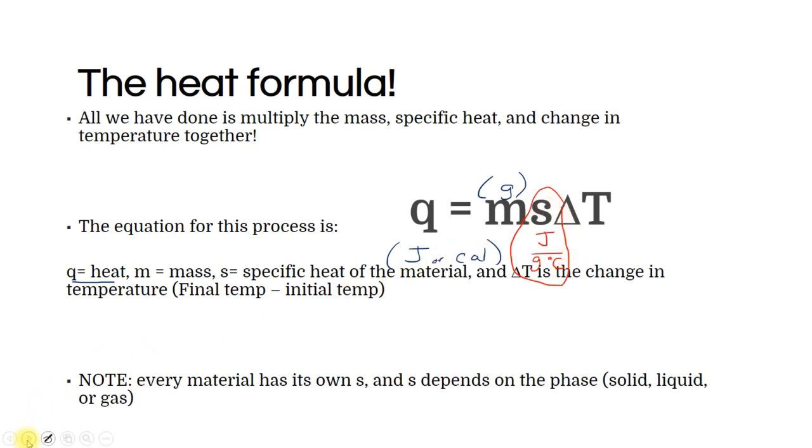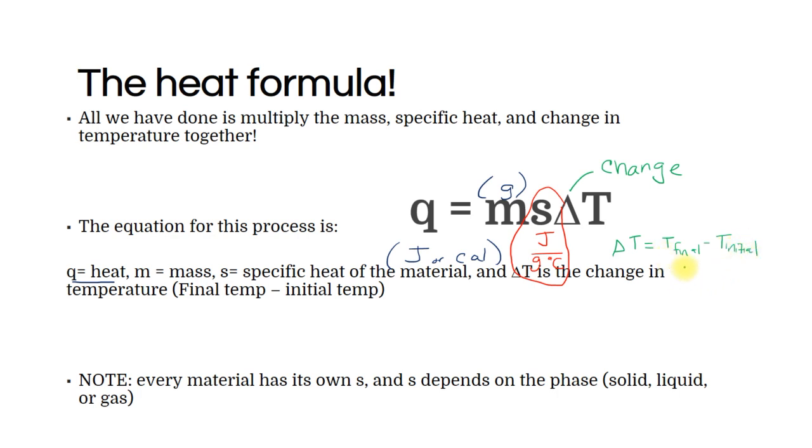And then the last term is delta T. So delta in science means change. Okay, so this little triangle means the change in temperature. So a change in temperature is the final temperature minus the initial.